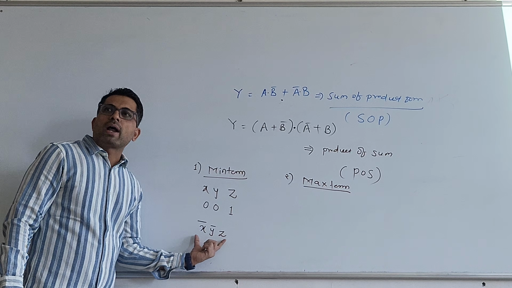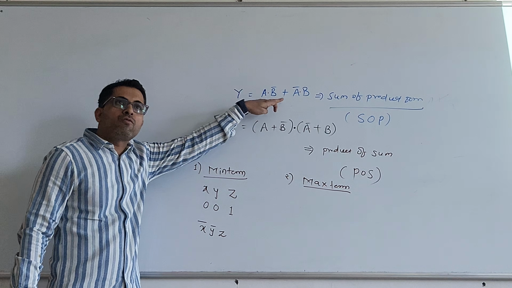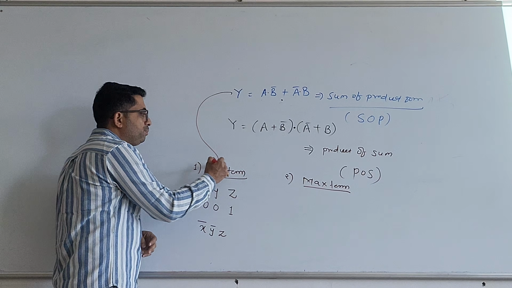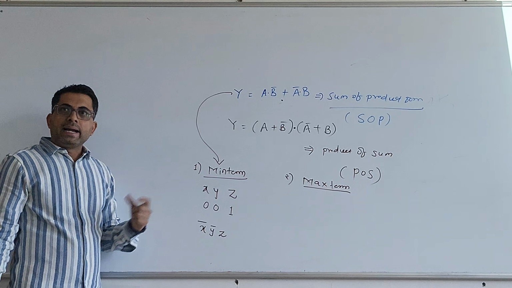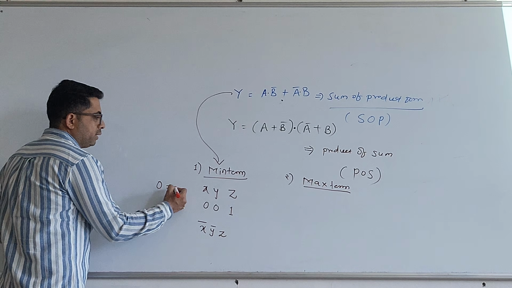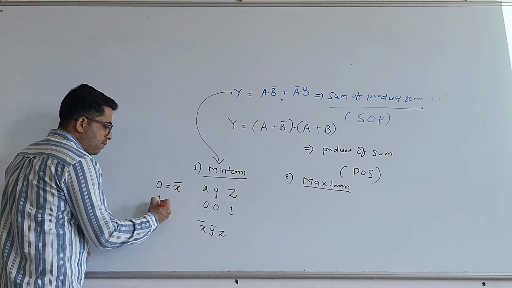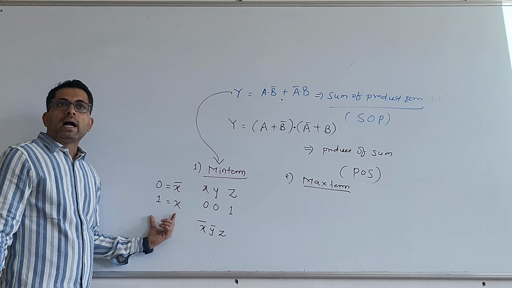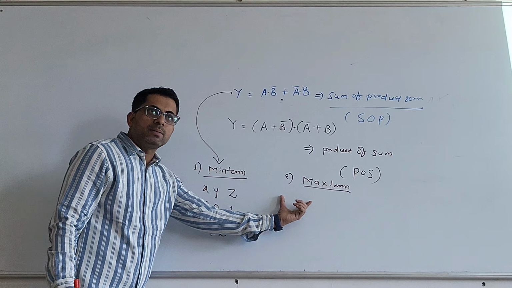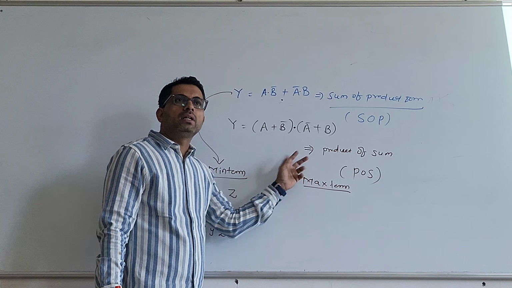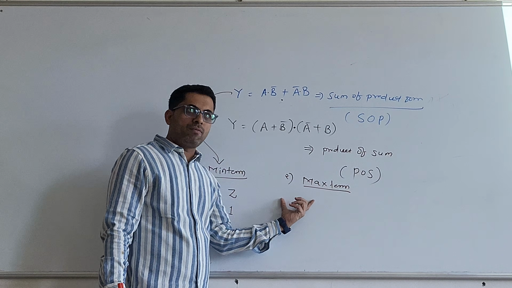Now, if you want to write the sum of product form equation, you need to consider the min term. Remember, in the min term, if there is a 0, make a complement. If there is a 1, write the normal variable. Understood? Another part is the max term. If you want to write the product of sum form equation, you have to use the max term.